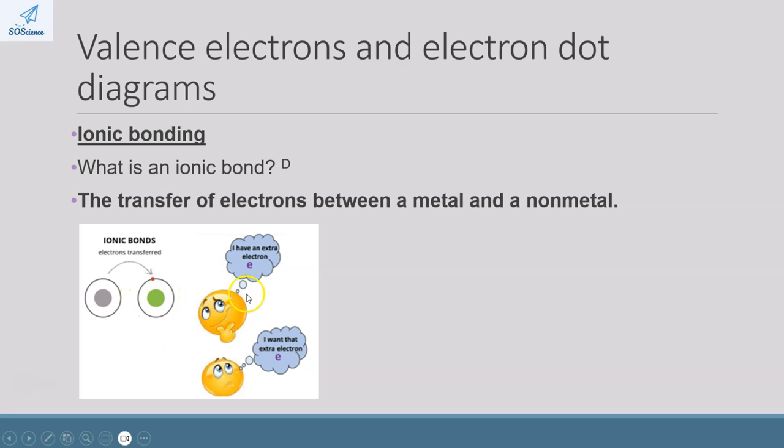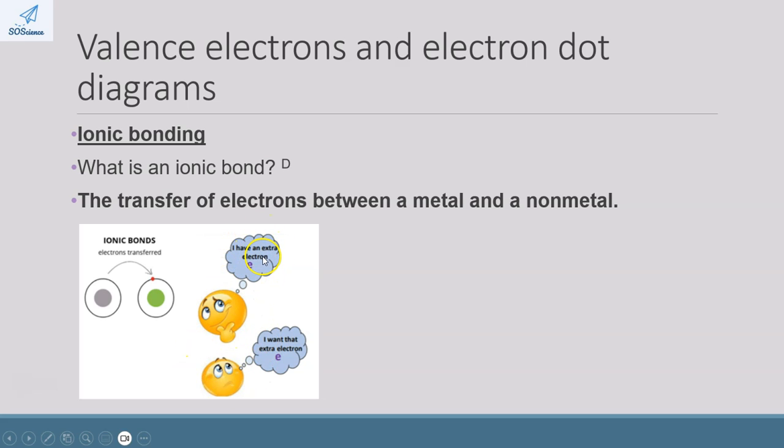So one atom has an extra electron or extra electrons in its outermost energy level, which it would like to get rid of in order to have a full outer energy level. And then we have another atom that wants an electron, or sometimes more than one electron, in order to have a full outer energy level.